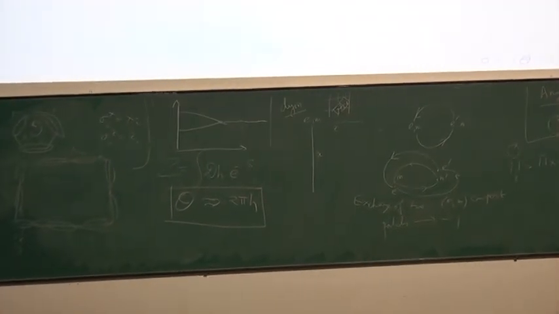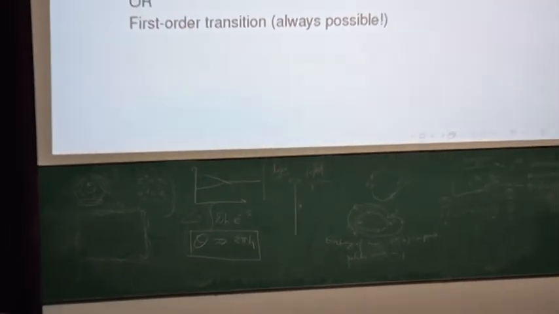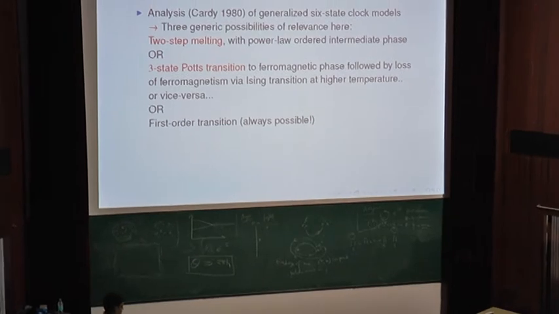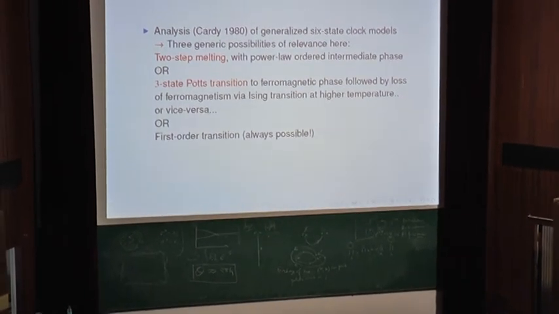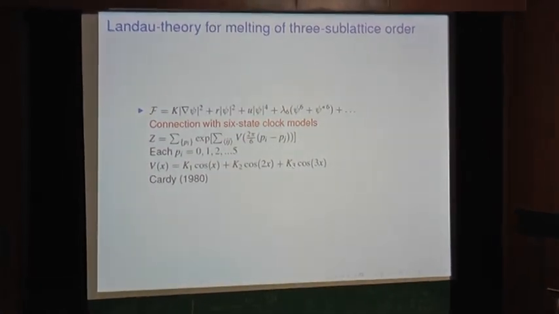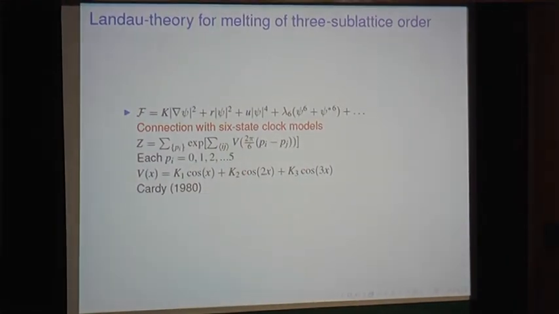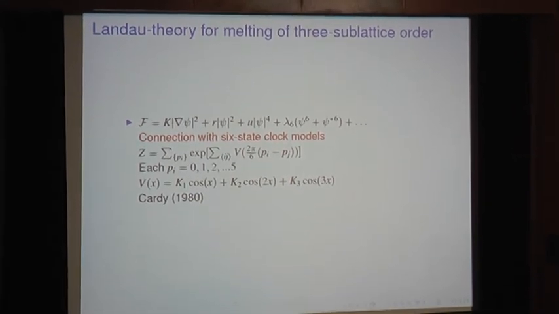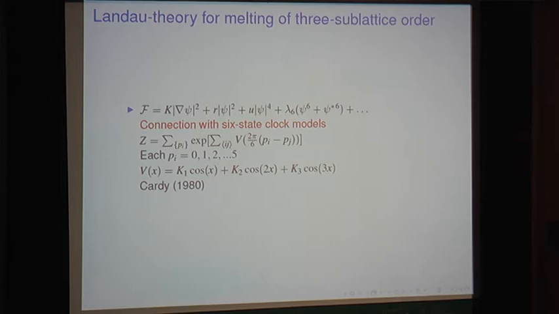So it's this analysis of Cardy, as I was saying, that suggests these 3 possibilities. This one is actually 2 different possibilities, as Shubhro pointed out, and in the context of the 6-state clock model, you can make both happen, no problem. You just decide whether you want to crank that up or crank that up relative to K1. If you keep K1 equal to 1, crank up K3, you will first get, coming up in temperature, a Potts transition, then an Ising.